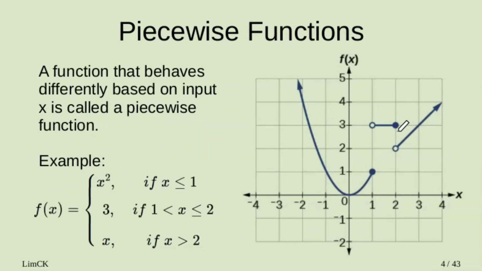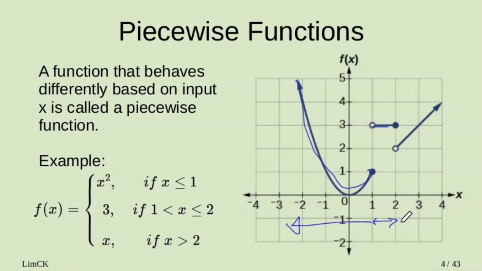Some functions are so-called piecewise functions. Piecewise functions are functions that behave differently in different ranges of the input. For example, in this graph, those inputs less than or equal to 1 have different behavior along this curve, and when they are greater than 1 but less than or equal to 2, it's always 3.